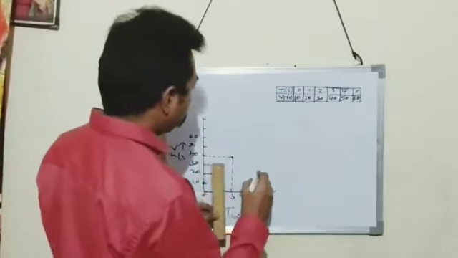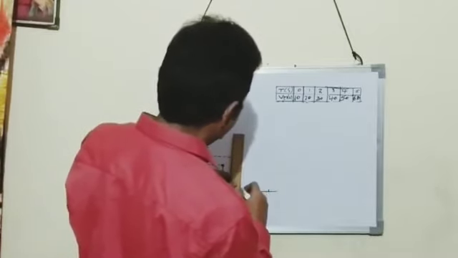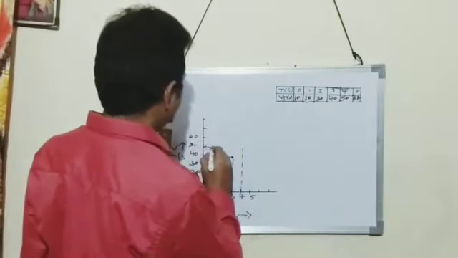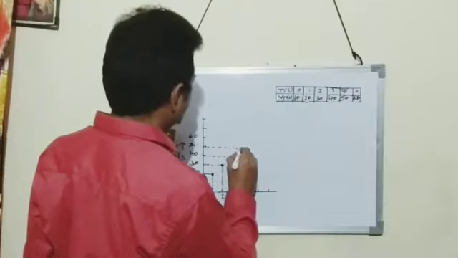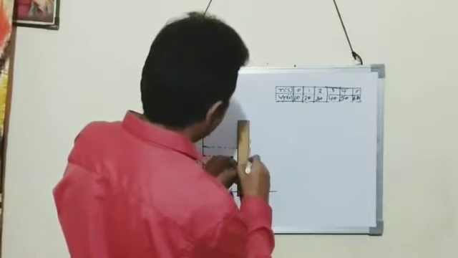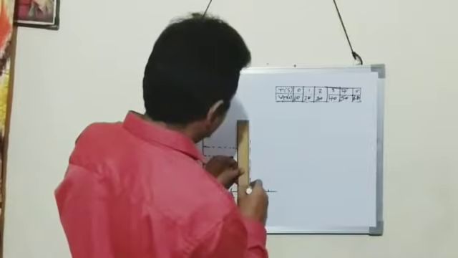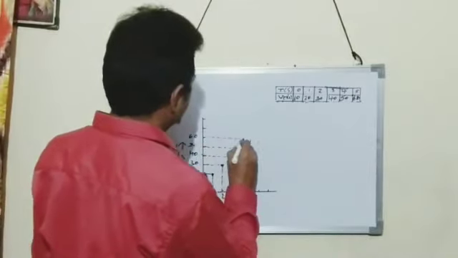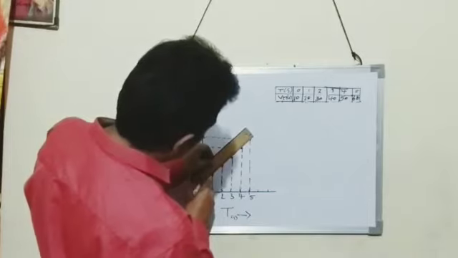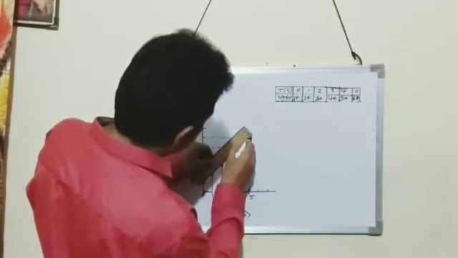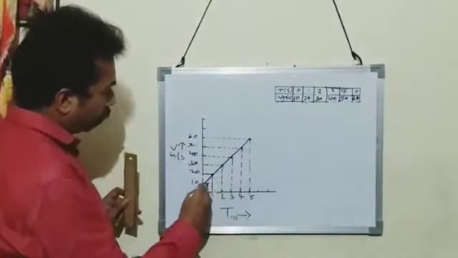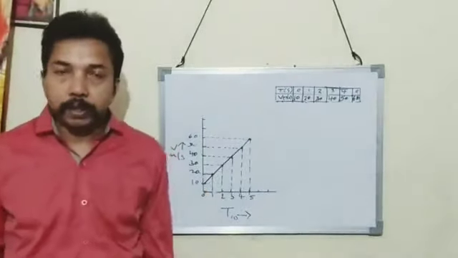And at 4, 50. Five, 60. For joining the points, we get the graph. So this is the velocity time graph.